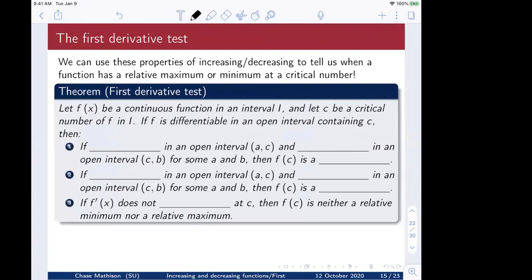All right, so that brings us to the first derivative test, okay? So the first derivative test says the following. We're going to let f of x be a continuous function in some interval that we're calling I, and c is a critical number of f in that interval I. Okay.